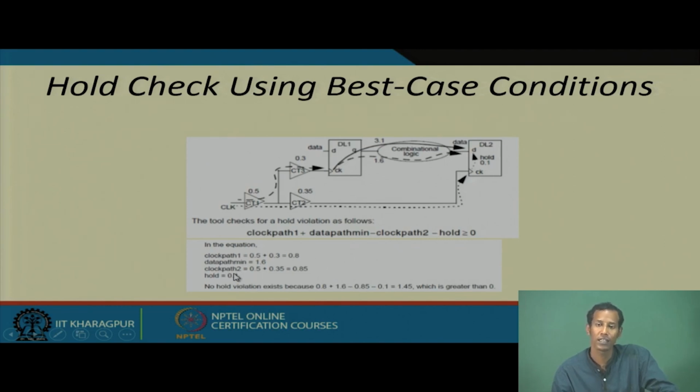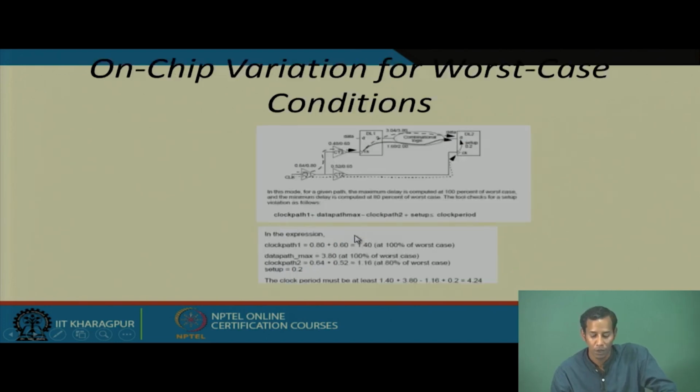Hold violation means the data reaches too early. For example, if this value comes out as minus 0.05, that much of hold violation you will get in this particular circuit. Okay.